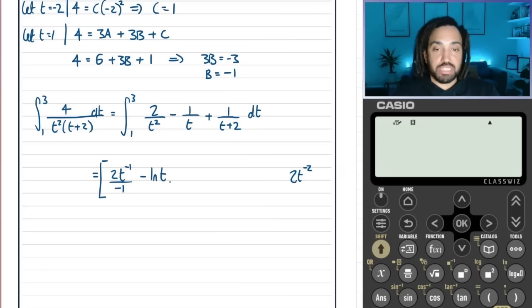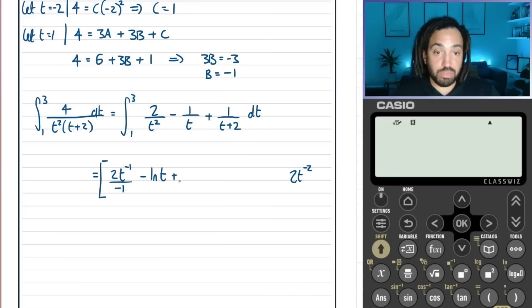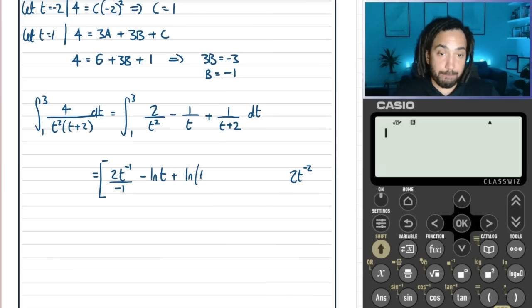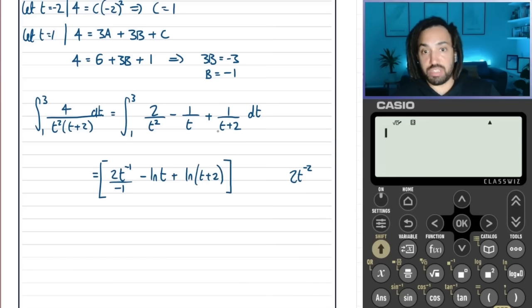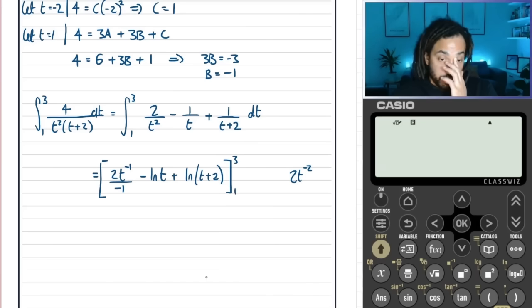So we get minus ln t. And here 1 over t plus 2 integrates to ln of t plus 2. Okay, and that's always going to be the case. If the denominator's derivative is the numerator, then it's going to integrate directly to ln of that denominator. And we've got 3 and 1 that needs to be substituted into there.